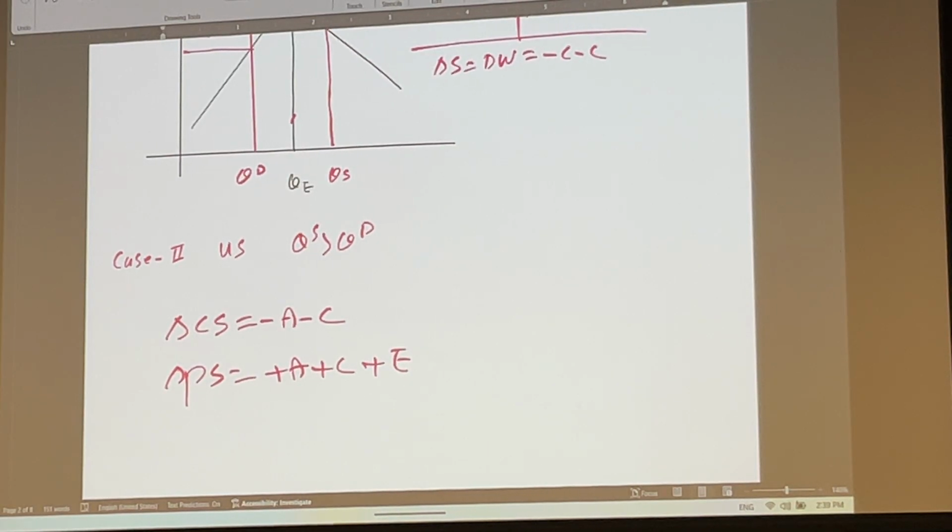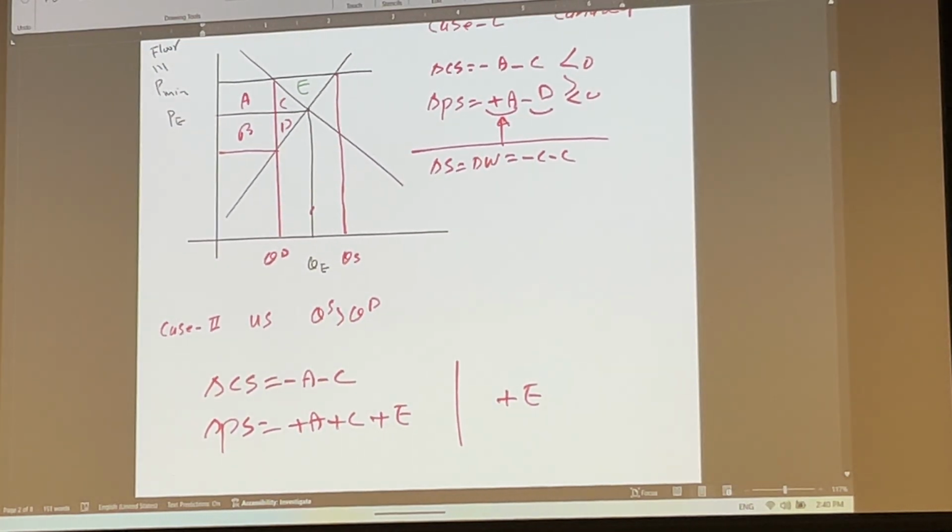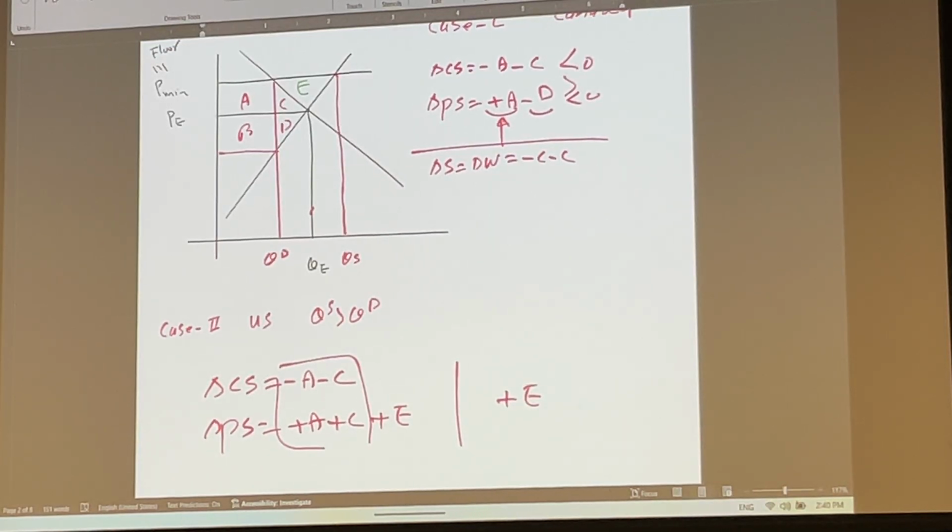They gain A, C, E. So if you combine these two, there's a gain of E. So where's the deadweight loss? If you combine consumer and producer, there's a gain of E. This is a transfer of surplus, but E is gained. So where's the deadweight loss? Where's the DW? Oh, there's an excess now. There's an excess.